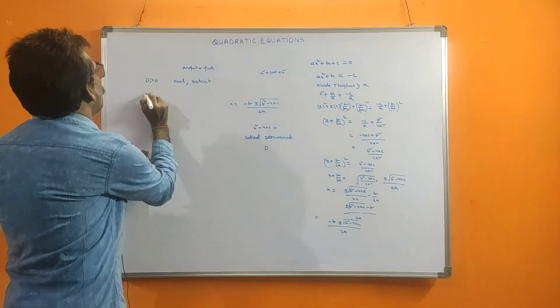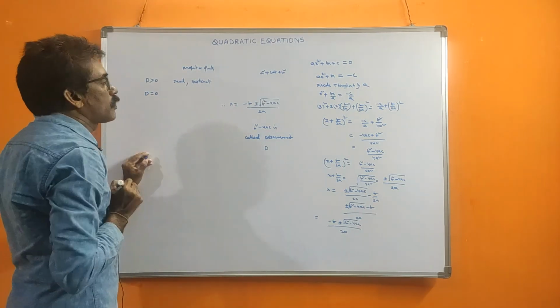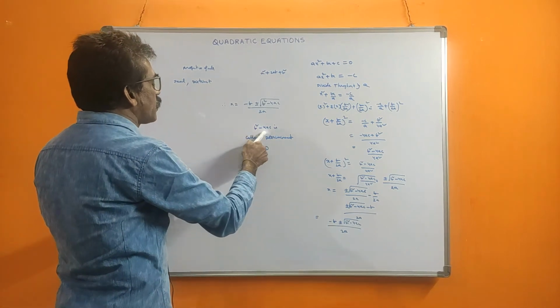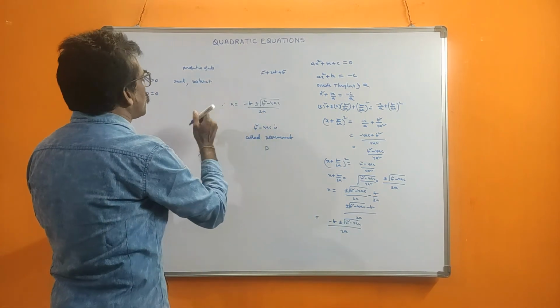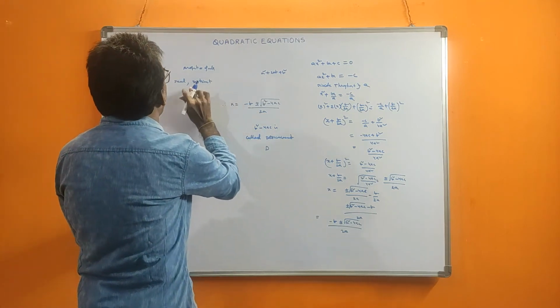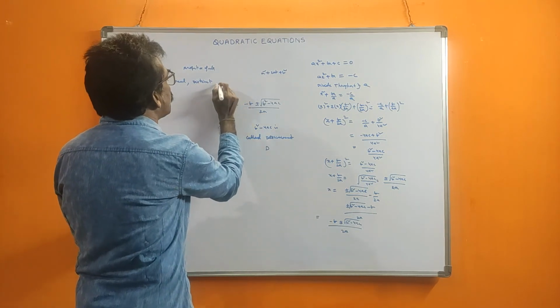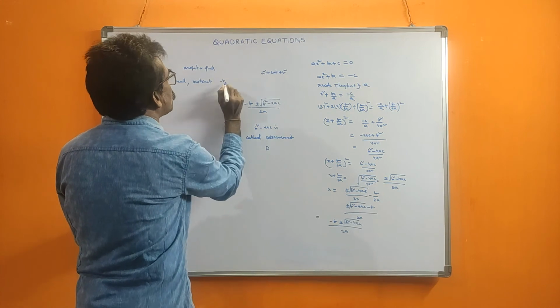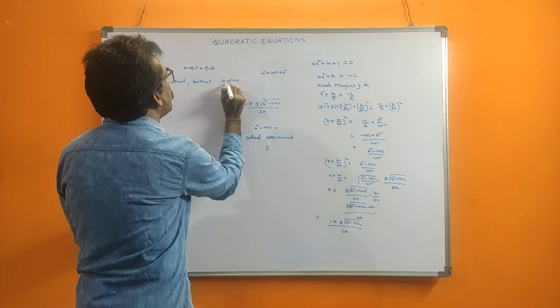These two distinct values are minus b plus root of b square minus 4ac by 2a, and minus b minus root of b square minus 4ac by 2a.